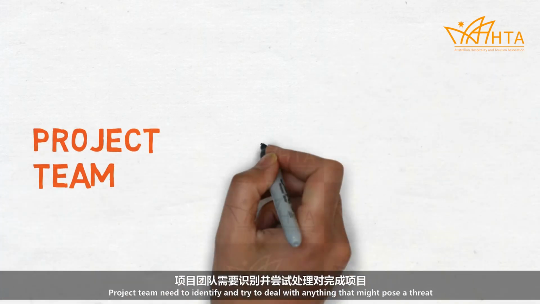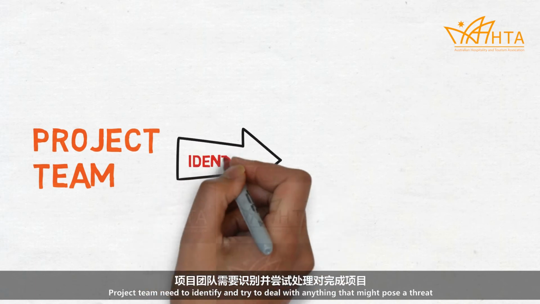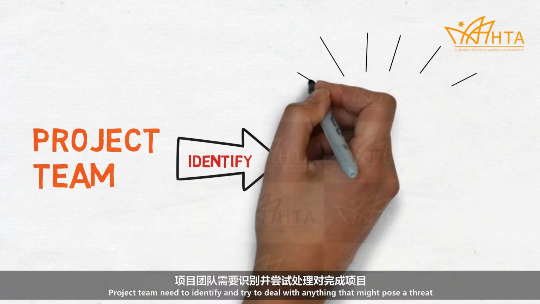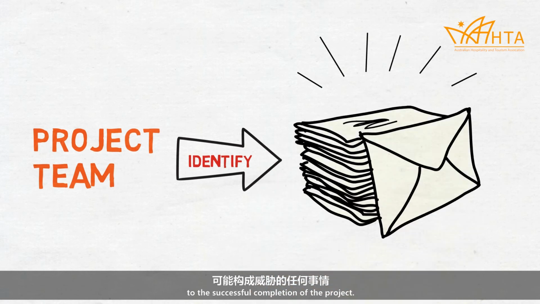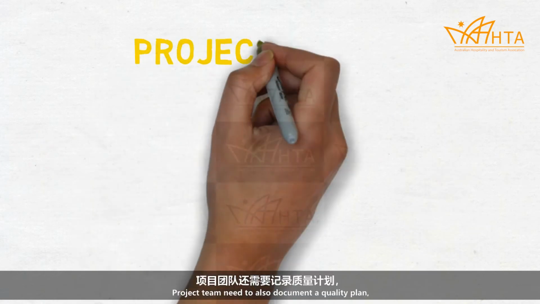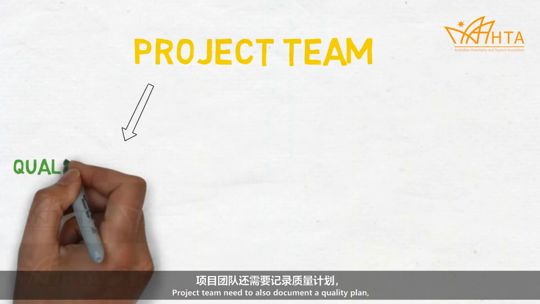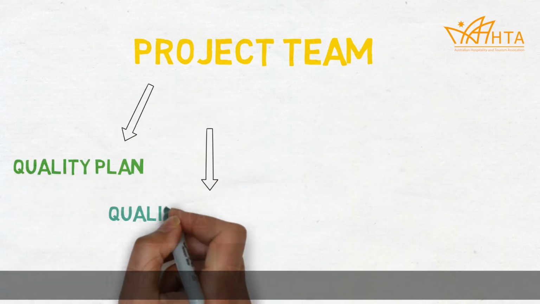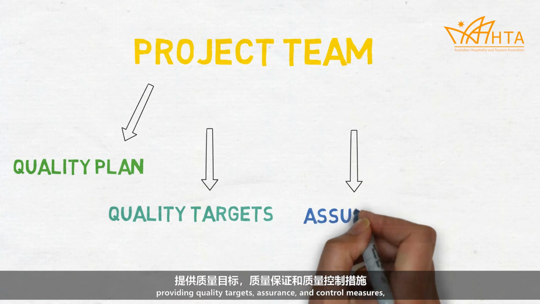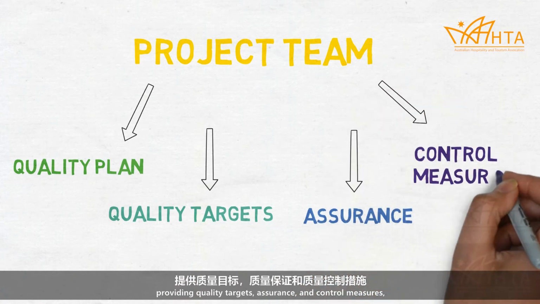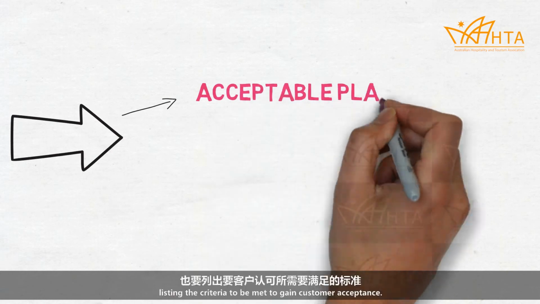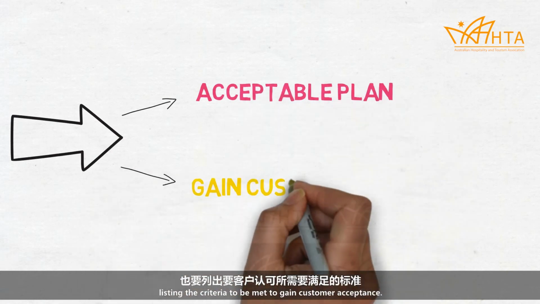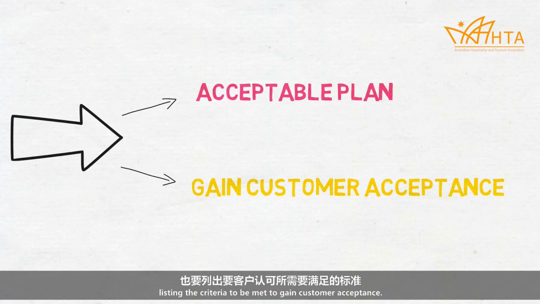Project teams need to identify and try to deal with anything that might pose a threat to the successful completion of the project. Project teams also need to document a quality plan, providing quality targets, assurance, and control measures, along with an acceptance plan, listing the criteria to be met to gain customer acceptance.